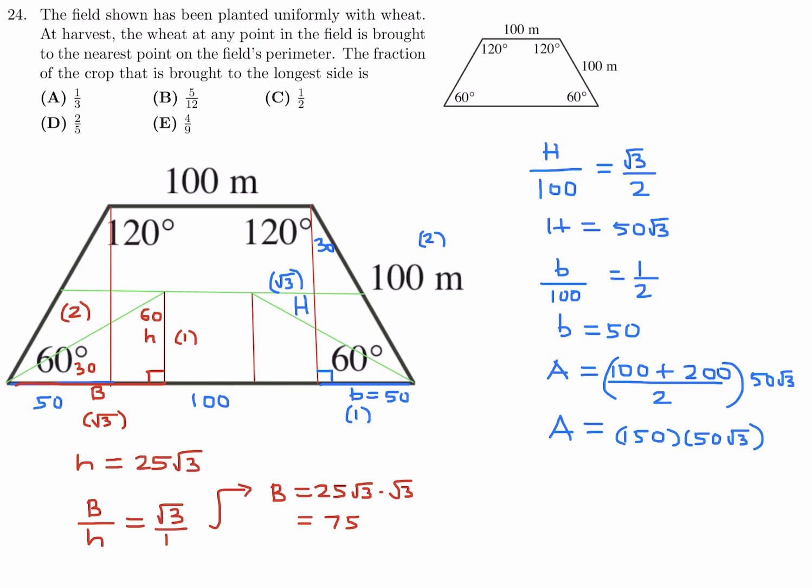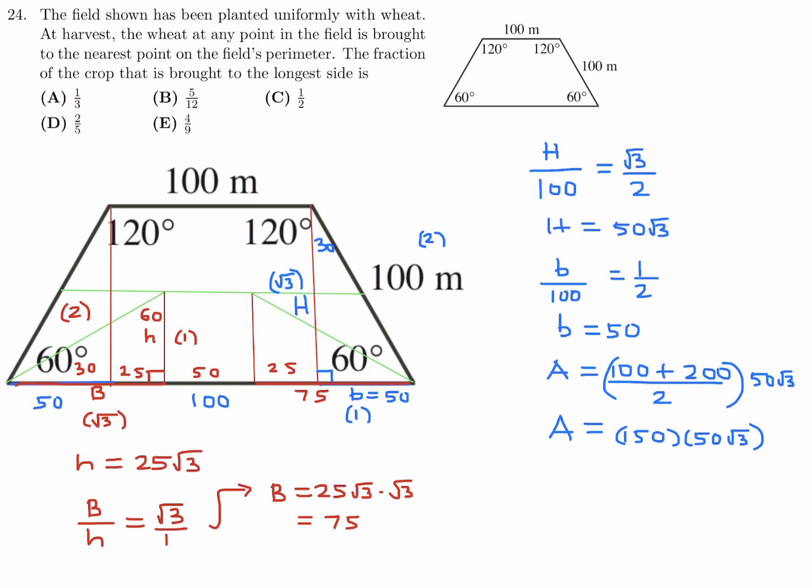So if b is 75, that means this is 75, and therefore, since here to here was just 50, that means this is 25. So we got 50, 25, 50, 25, and then therefore the one in the middle has got to be 50. Not that that is really that important.